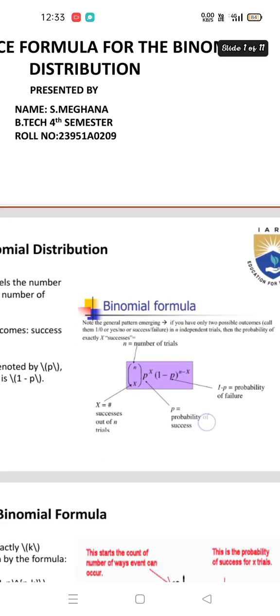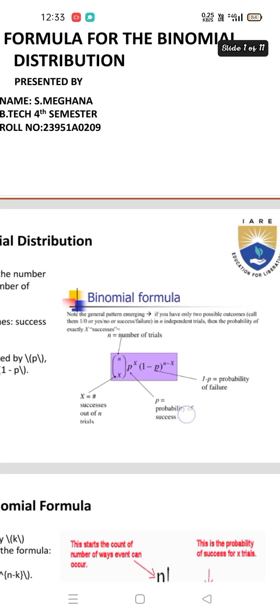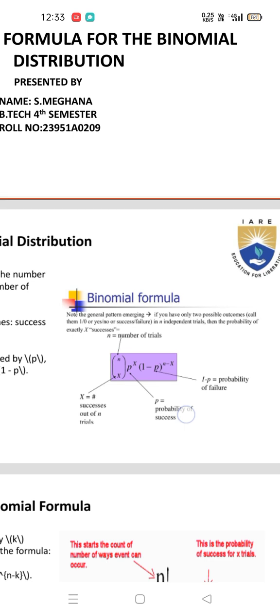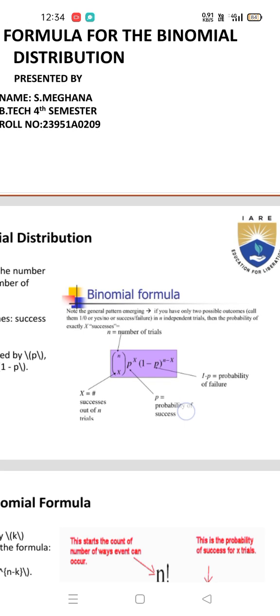Binomial formula. Note the general pattern emerging if you have only two possible outcomes, called 1 or 0, yes or no, success or failure, in n independent trials.